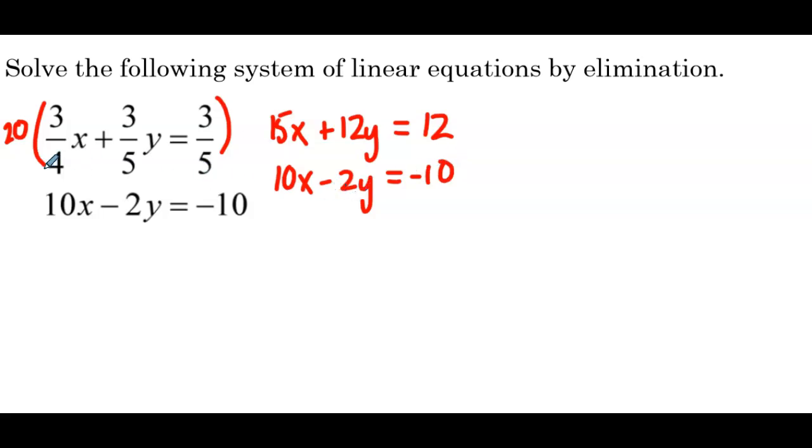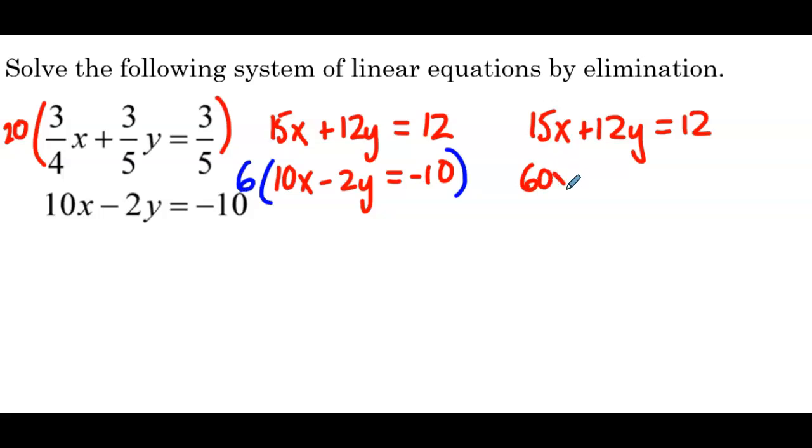So actually, now that we did that, now that we eliminated the fraction in each term of that first equation, looking at the new system, I had originally chosen to eliminate x, but I think it's going to be simpler for us to eliminate y. So to eliminate y, all we have to do is multiply this second equation by 6. So we'd have 15x plus 12y equals 12.